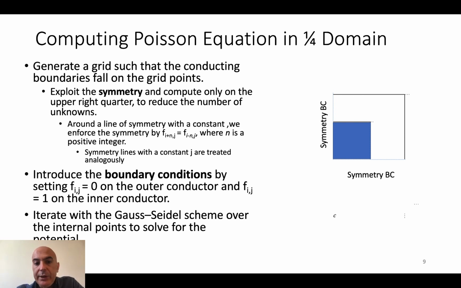Symmetry lines with constant j are treated in the same way, so the j plus n point will be equal to the j minus n point with respect to the line.